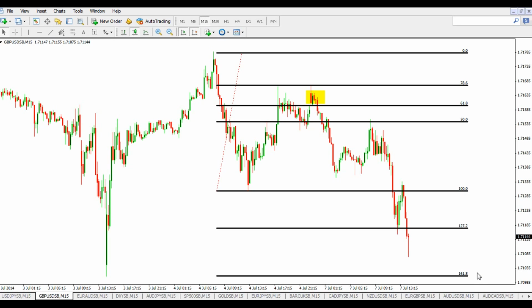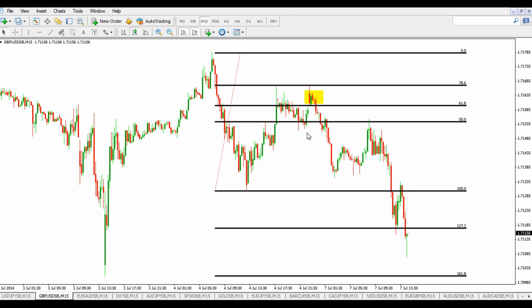We're looking at a full 60 pip move, and as you can see, price has just tried to get down here on this 15-minute bar. We're looking at a few hours. You could have taken this trade at night time, gone to sleep, and woken up to about 60 pips profit.